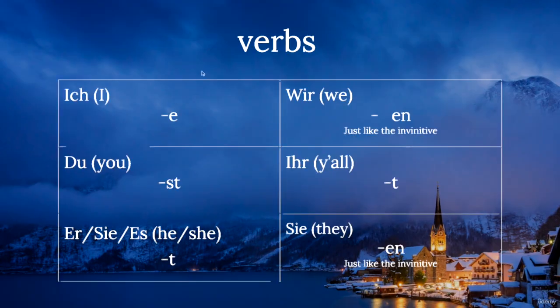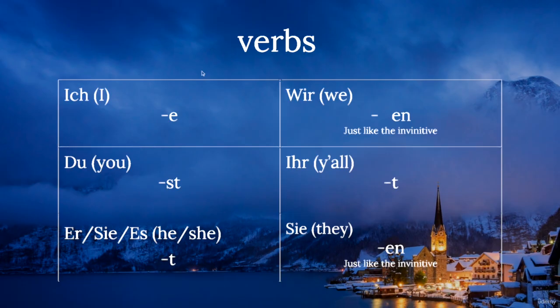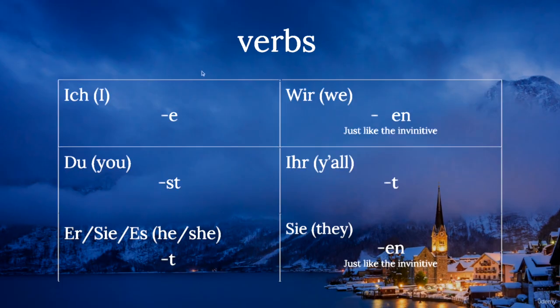Before we start, let's take a look at the German pronouns. Ich means I. Du is you. Er and sie are the same as he and she.